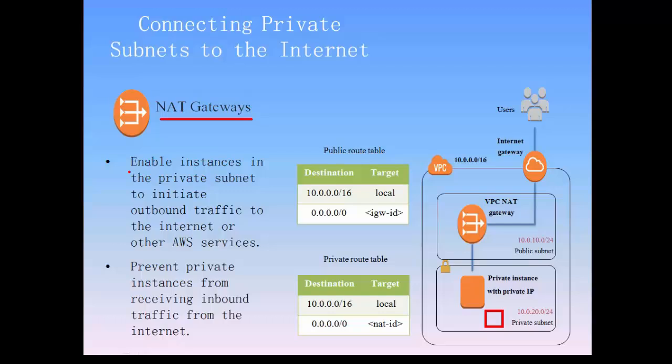The NAT gateway enables instances in the private subnet to initiate outbound traffic to the internet or any other AWS service with the help of NAT, network address translation.